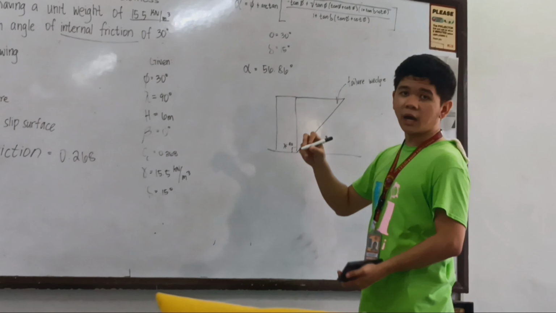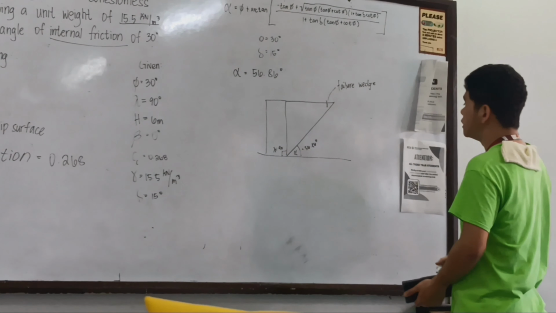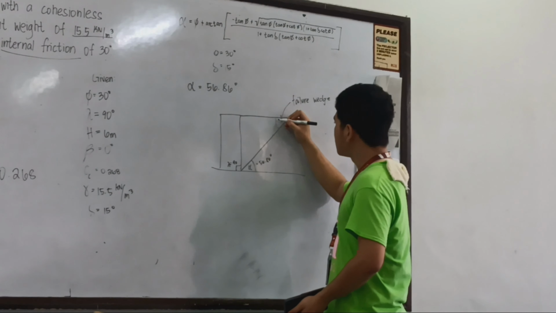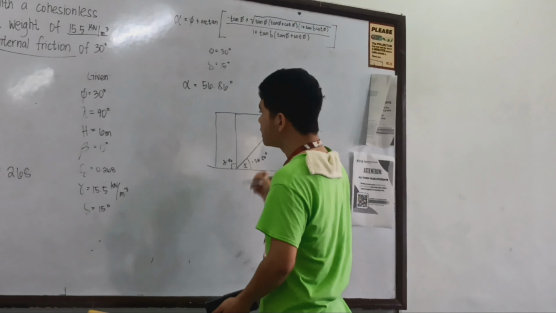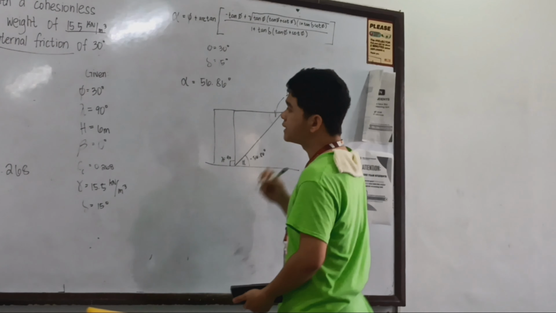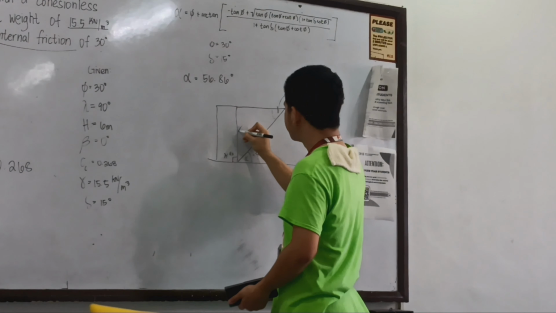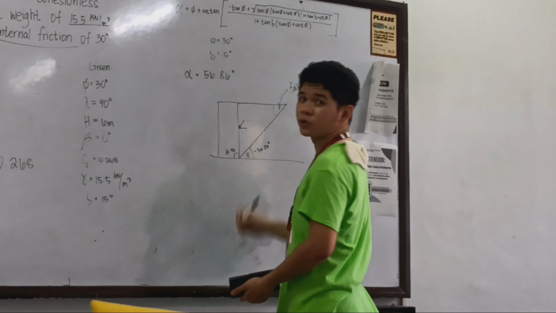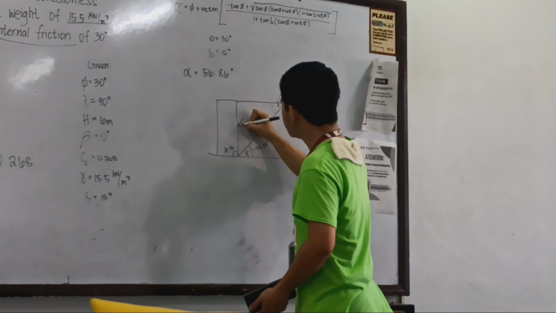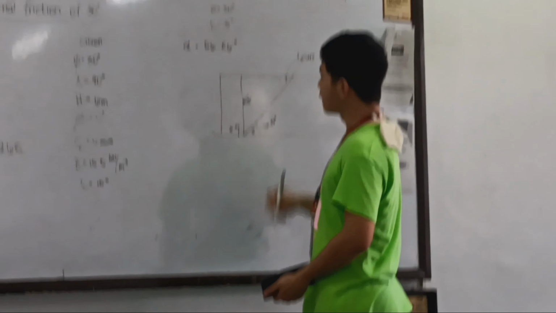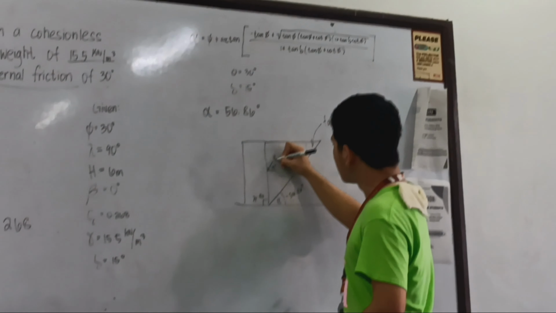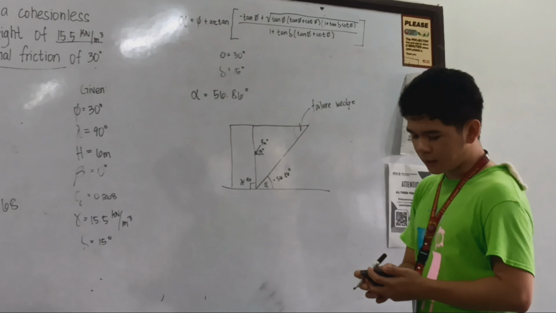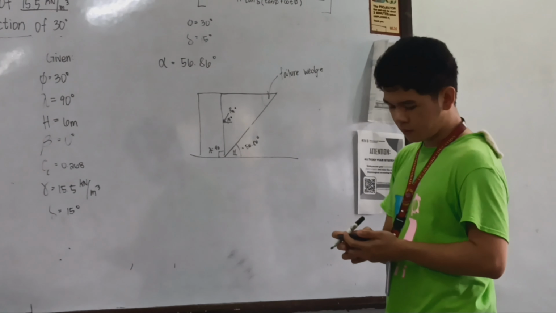The angle beta, or the backfill, is 0 because it is horizontal. Angle delta is perpendicular to the wall, 15 degrees here, and this is our RA.